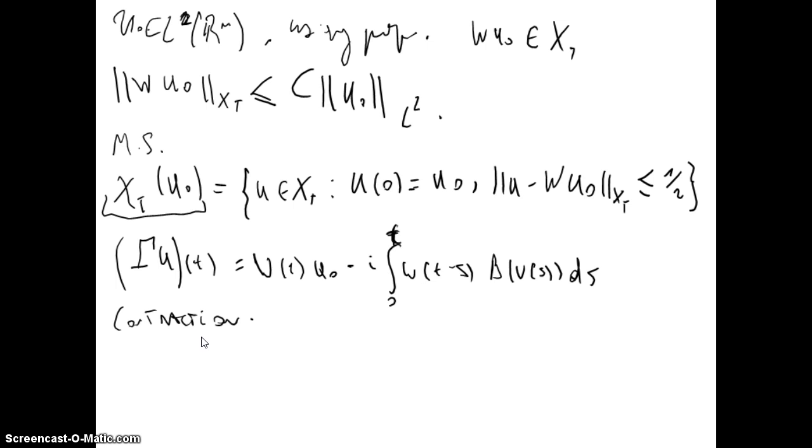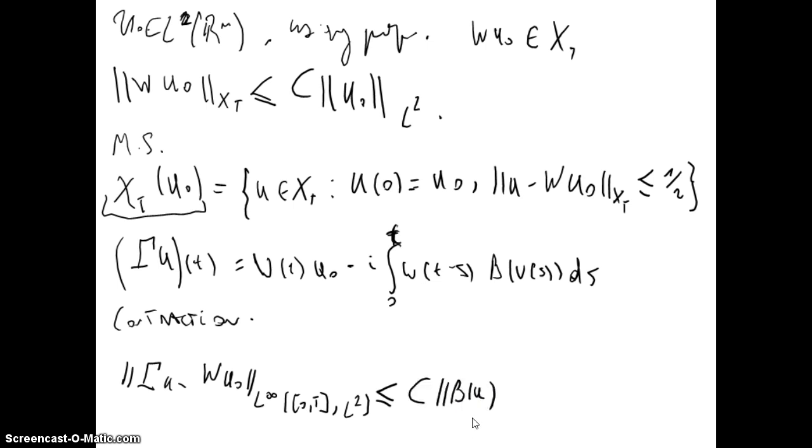So with that we will obtain that the norm of Gamma(u) minus W(t)u naught in L infinity(0,t; L2) is less than or equal to C times the norm of b(u) in L1(0,t; L2).